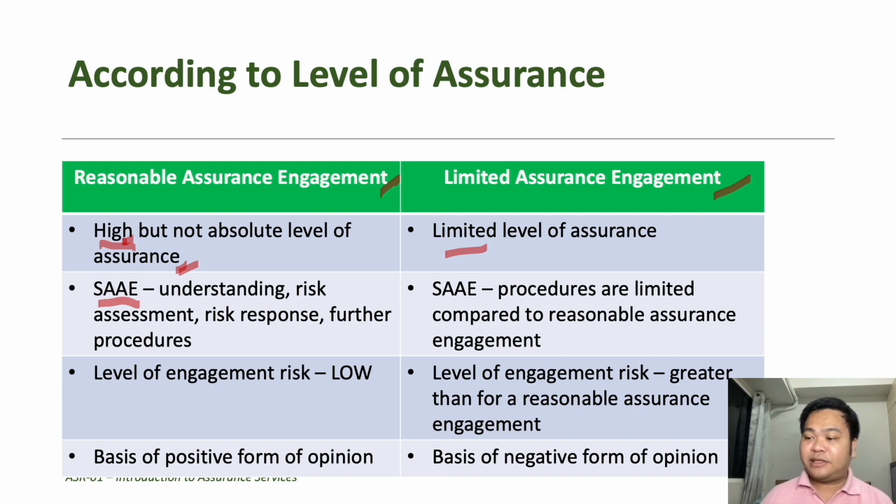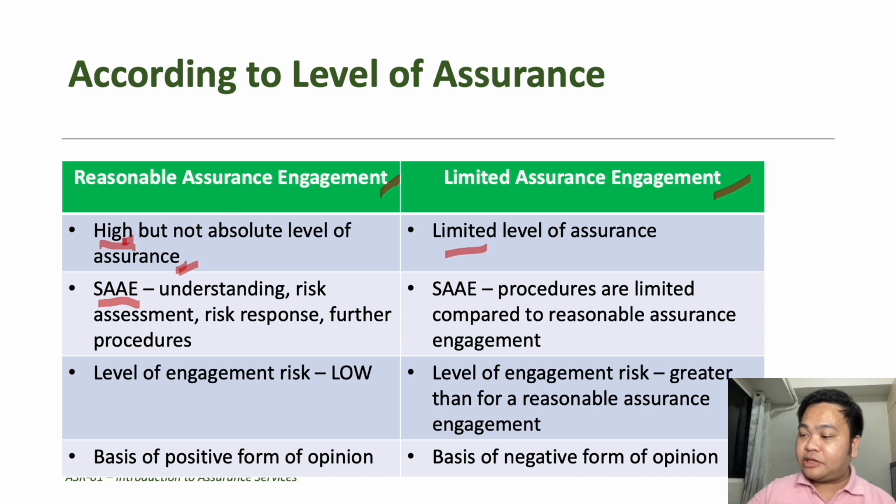It involves understanding of the subject matter, performing risk assessment procedures, determining the risk response, and performing further procedures, not audit, because we're still talking about assurance engagement. So there's a lot of procedures involved in delivering reasonable assurance engagement. That is also the basis of the high but not absolute level of assurance that we provide.